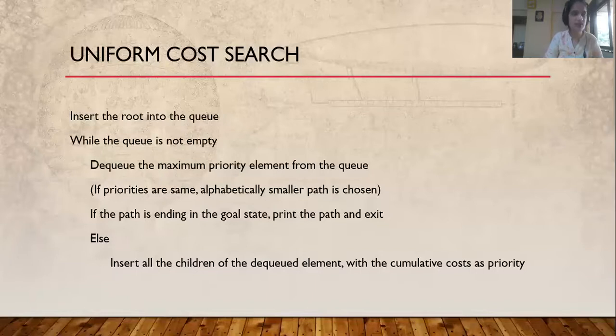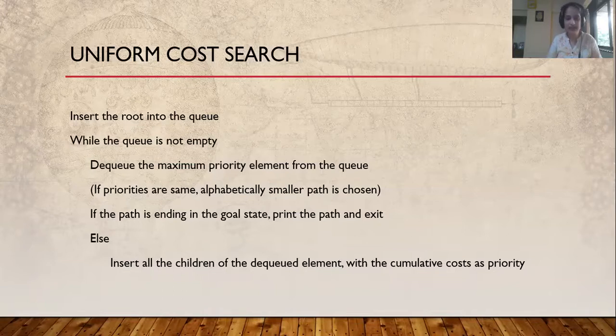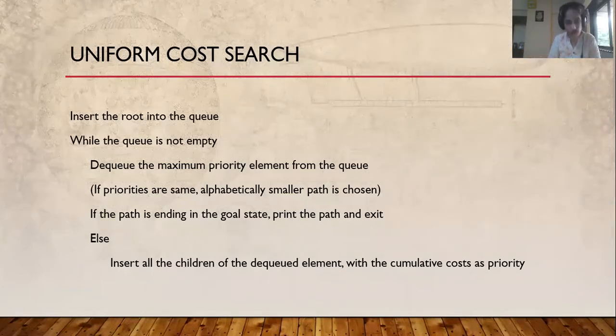The only advantage of using priority queue is that you can give priorities while all the elements are getting inserted into that queue. So while we insert an element, if its cumulative cost is less, the priority of that will be given more as compared to the other element whose cumulative cost is more.